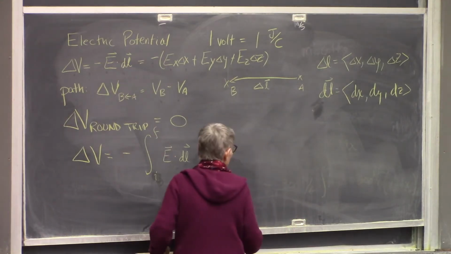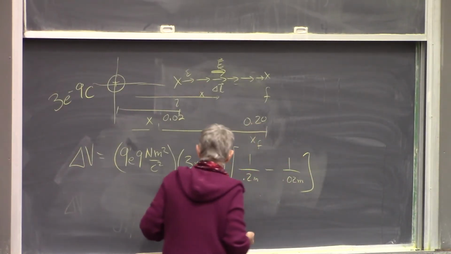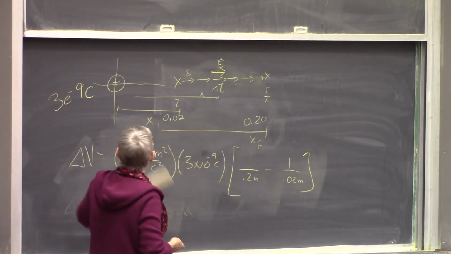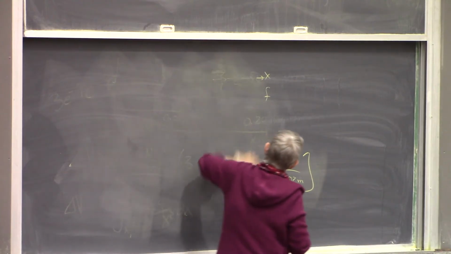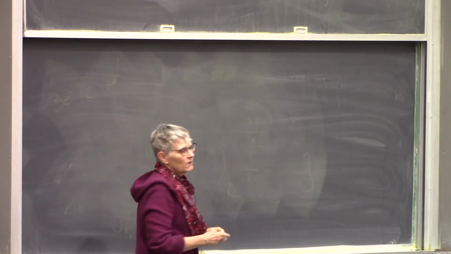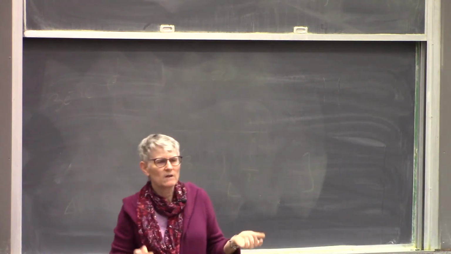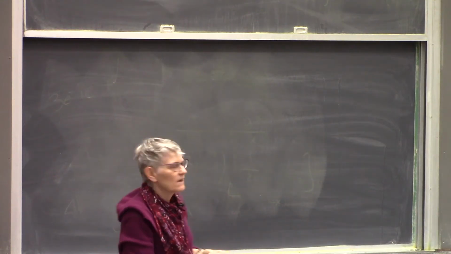So one last thing before we start applying this to solve problems. What does the potential at a point mean? It must have some meaning, but how do we calculate the potential at some point?